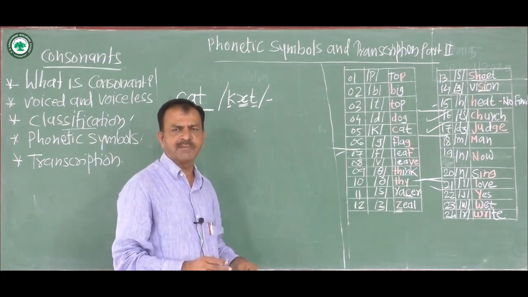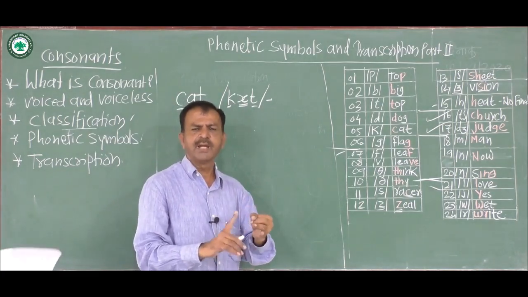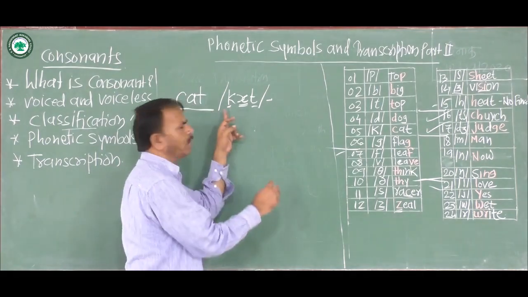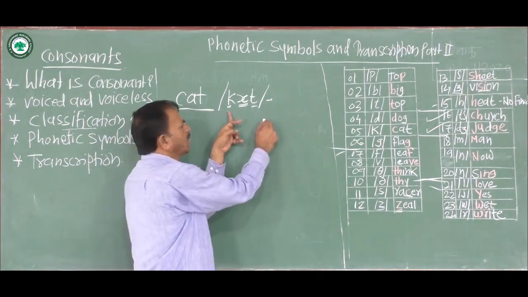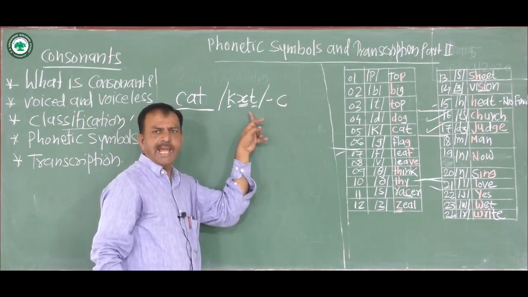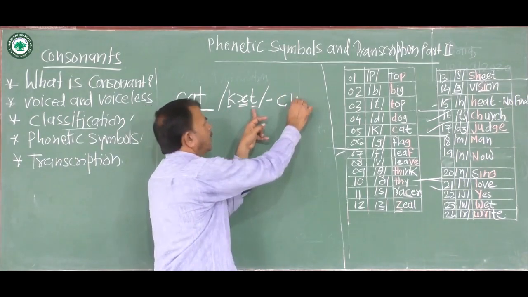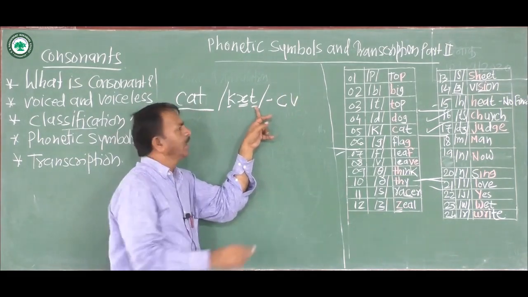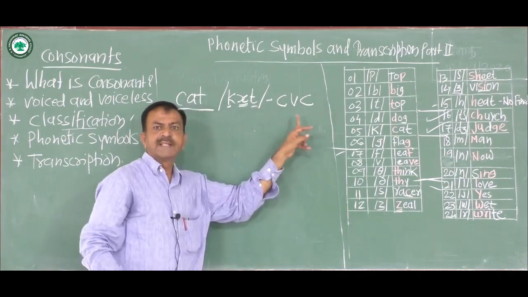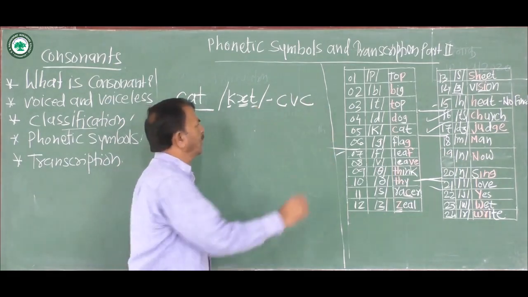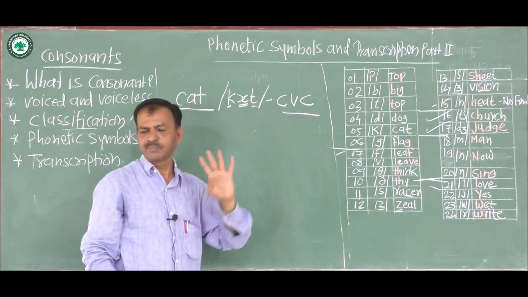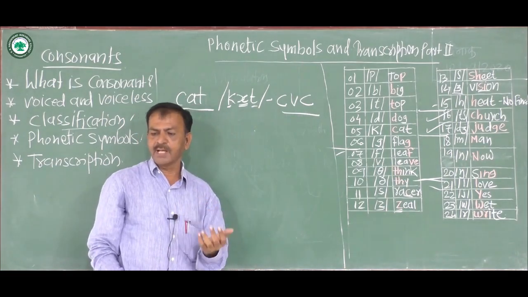What is this CV manner? C means consonant and V means vowel. So here K is a consonant, A is a vowel, and again T is a consonant. So CVC.